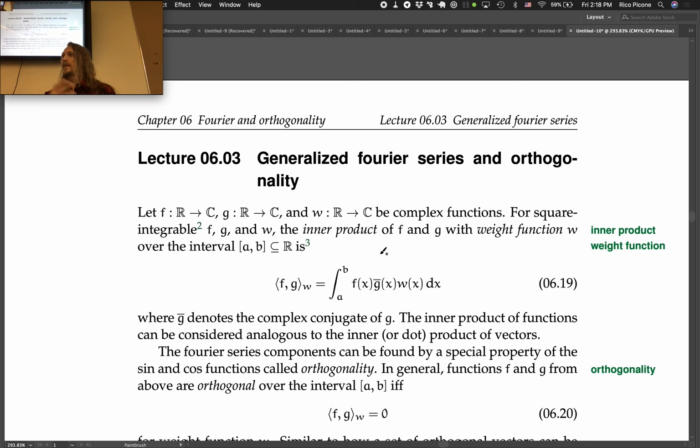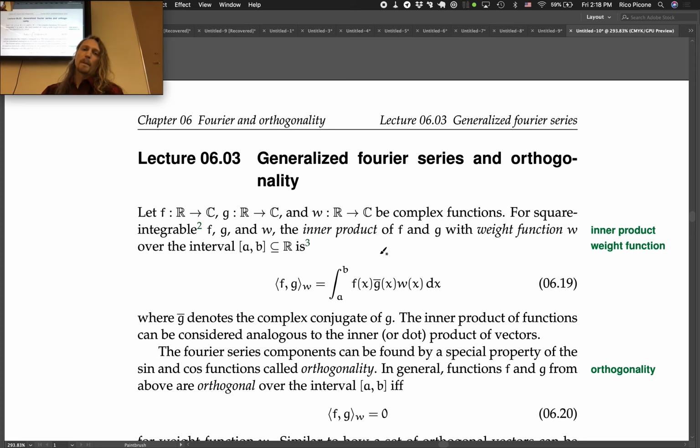So this does generalize to higher dimensions, and that actually is useful when you're looking at multidimensional PDEs. But for our purposes, it's probably best to start with this definition.